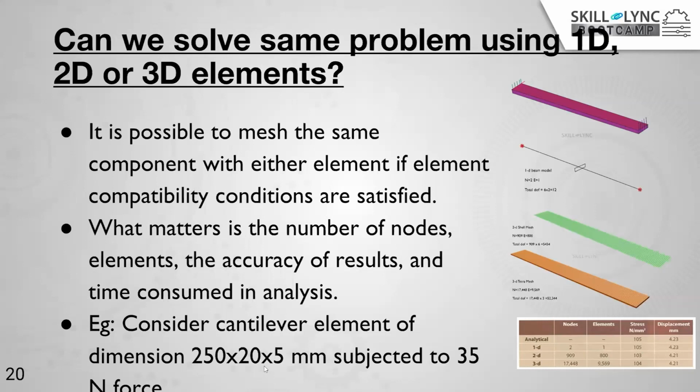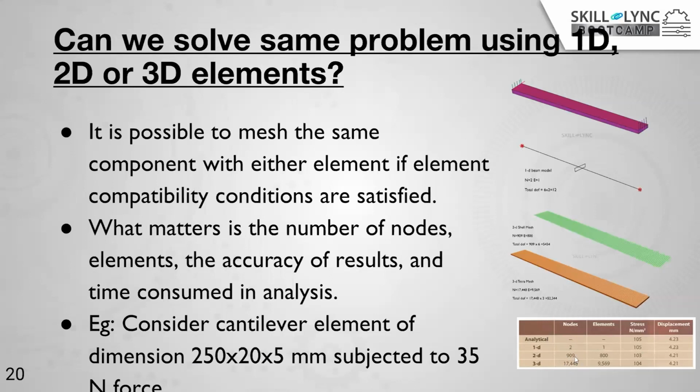Since the length is very large compared to the cross-sectional area, you can assume it to be a 1D beam. In this, the number of nodes is 2. You can also extract a shell because the thickness is very small. In that case, the number of nodes is 909. Or you can mesh it with 3D elements also. In that case, the number of nodes increases to 17,000.